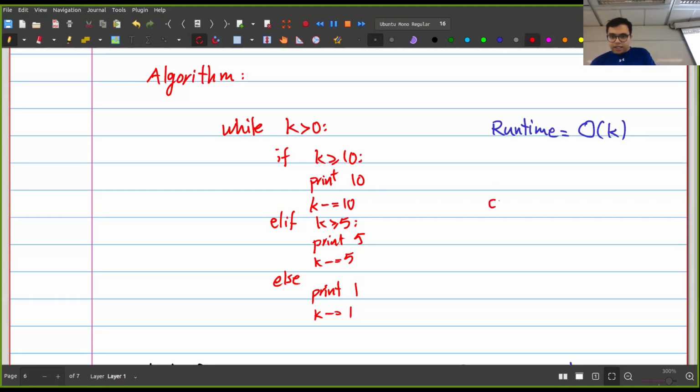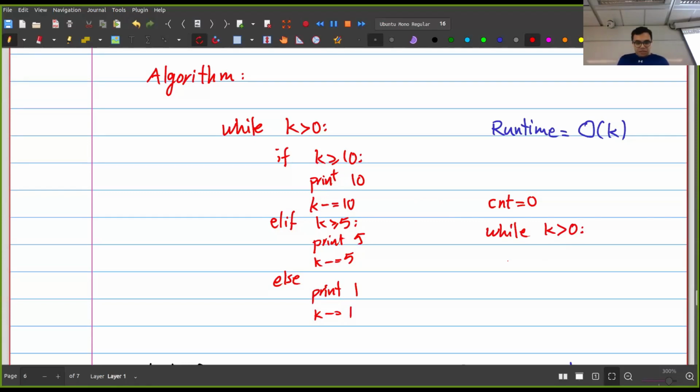I can say, let's have a count, which is the number of coins that I want to pay. And then, while the amount that I have to pay is greater than 0, let's first just check how many tens I'm going to pay, and let's pay all of them together.